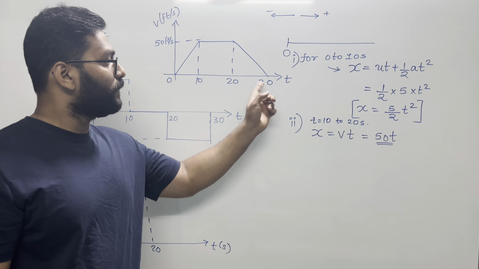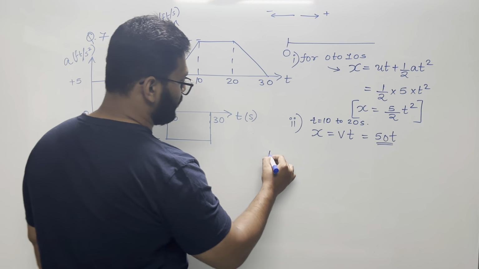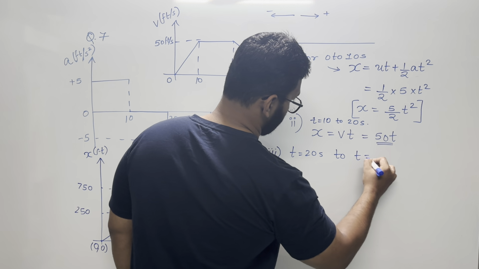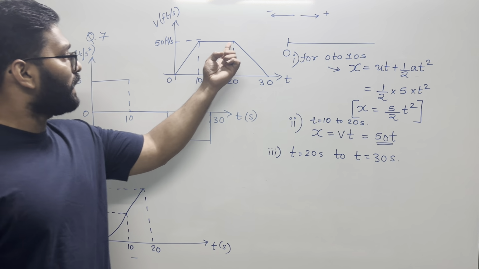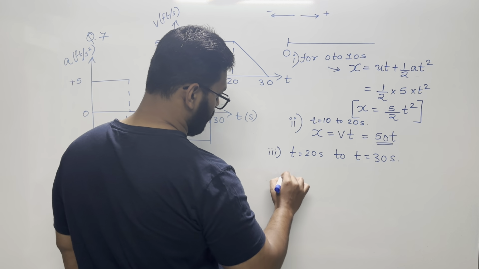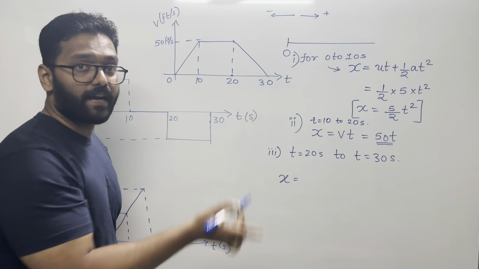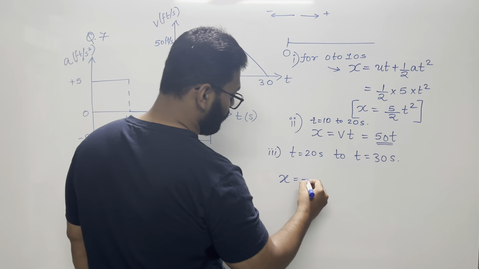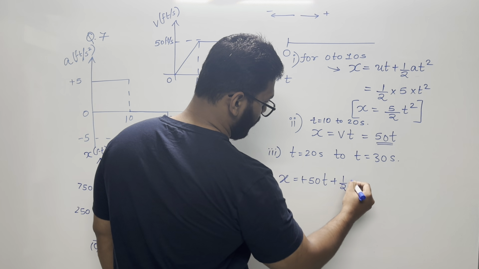Now, for 20 to 30 seconds, how will we plot the graph? So for 20 to 30 seconds, let's say this is the third case, right? t equal to 20 seconds to t equal to 30 seconds. Can you see that at this point the velocity is still 50 feet per second? So after 20 seconds, I am taking x is equal to initial velocity 50 into t plus half into the acceleration.